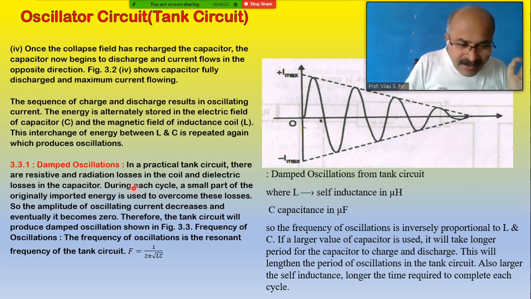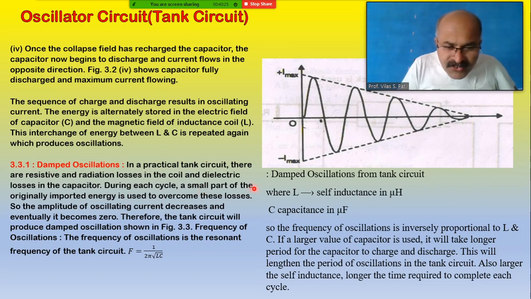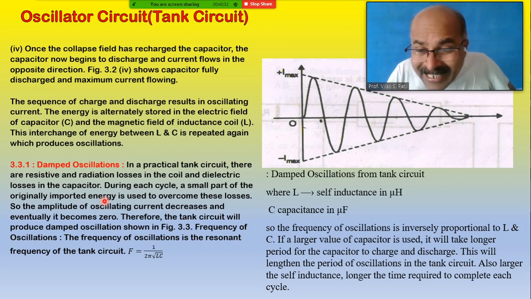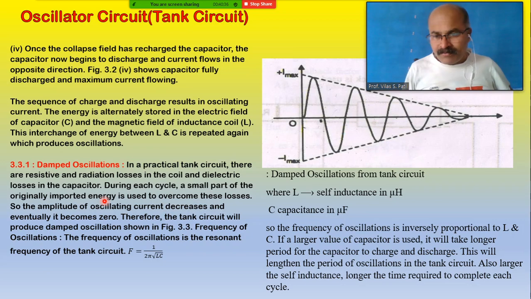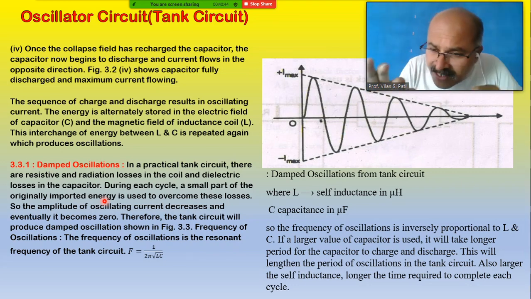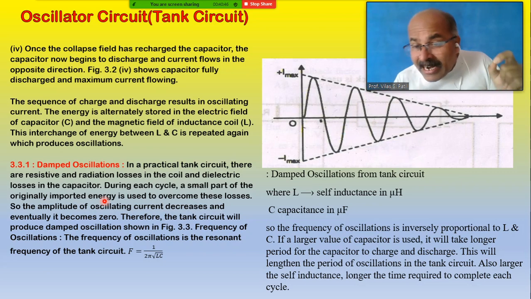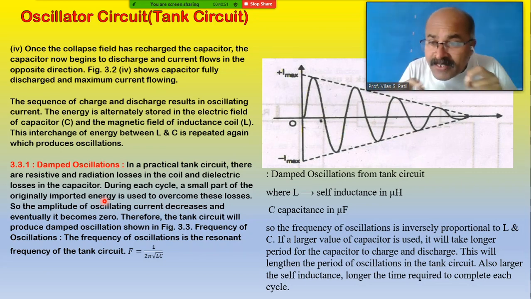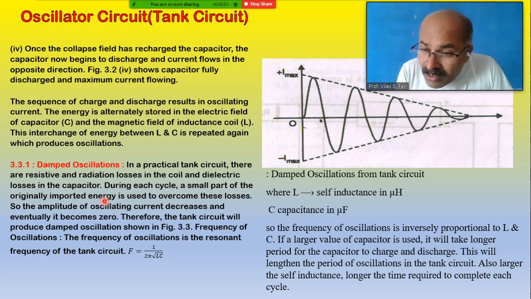See here, during each cycle, a small part of the original imported energy, in terms of electrostatic energy in the charging of the capacitor, is lost. Just connect the capacitor across the battery, and the capacitor will be charged; that is the imported energy in the tank circuit due to the battery, and that imported energy will be wasted as losses.